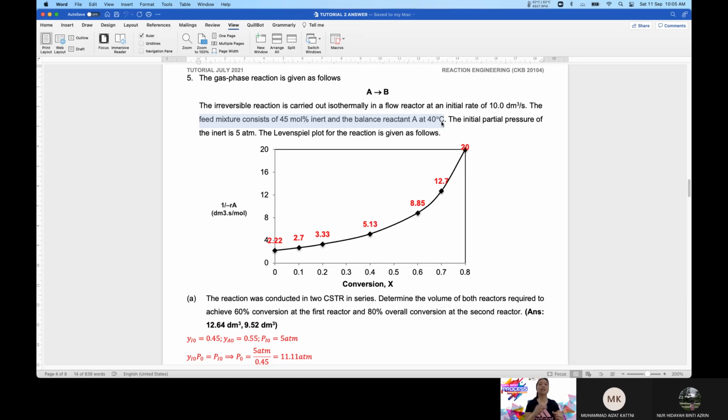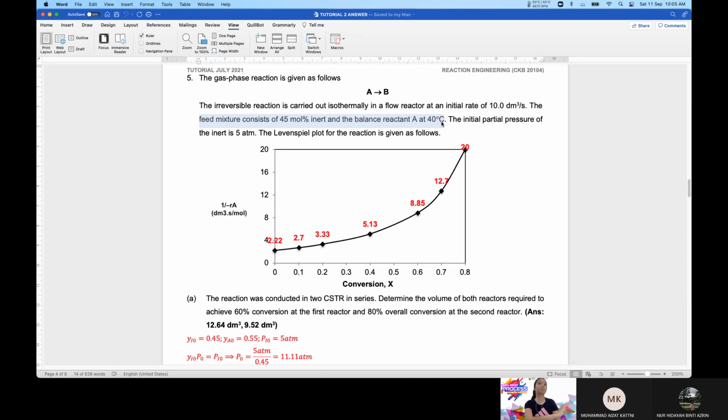So naturally gas A punya mole percent adalah 55 mole percent, right? So means Yi0 0.45, Ya0 0.55. Kamu tengok dalam soalan ni, dia tak beri kita directly mole fraction A. Kamu kena tahu sendiri mole fraction A berdasarkan konsep dia mesti 100%.